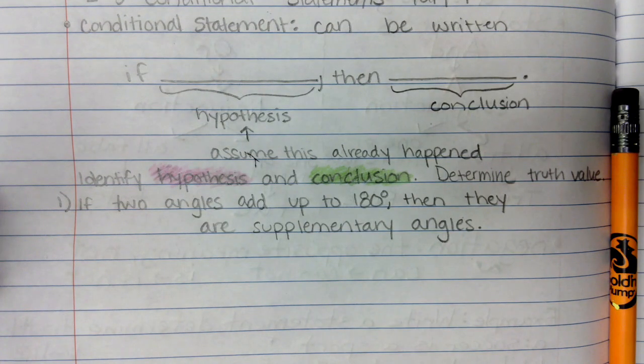If two angles add up to 180 degrees, then they are supplementary angles.